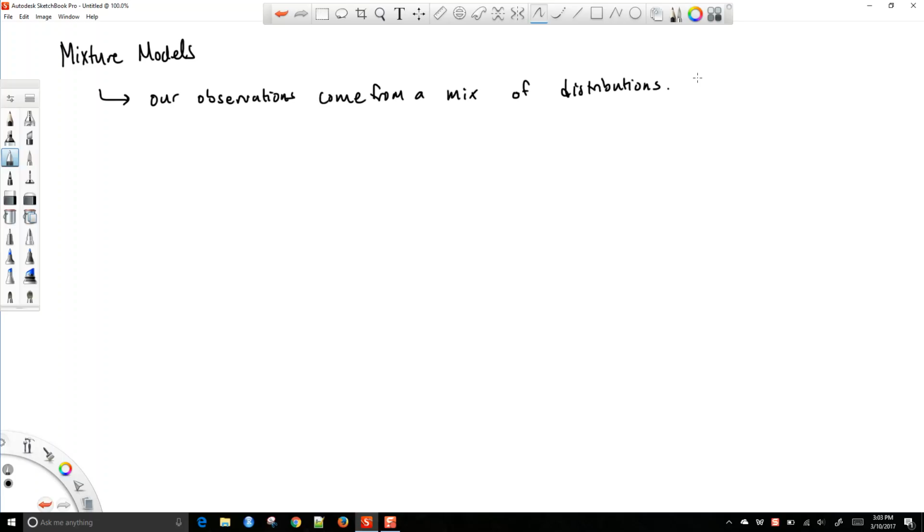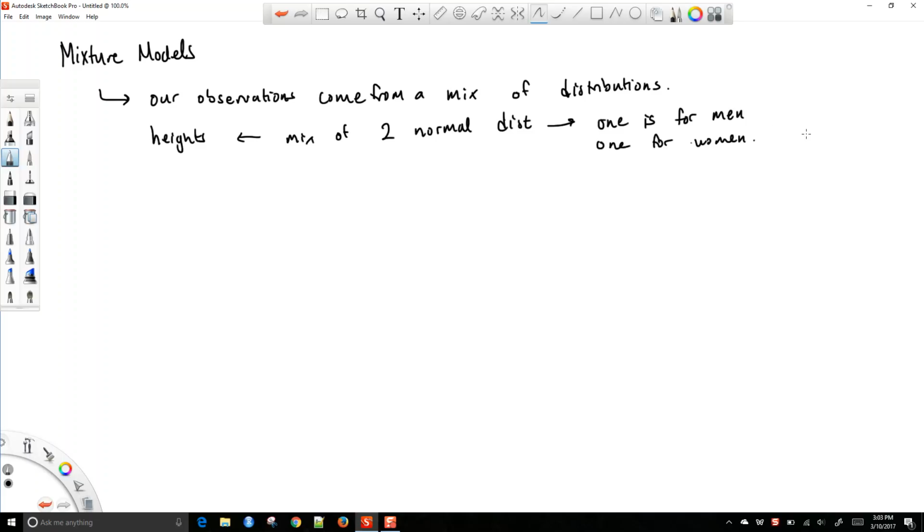For example, we could say heights of people is a mix of two normal distributions, one for men and one for women. Okay, so that would be an example, right?